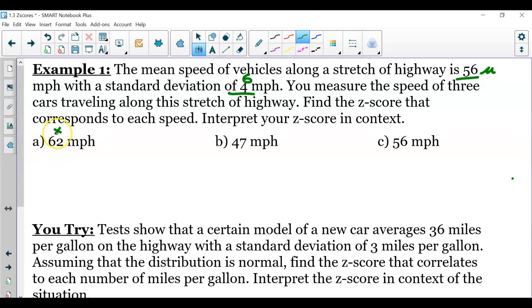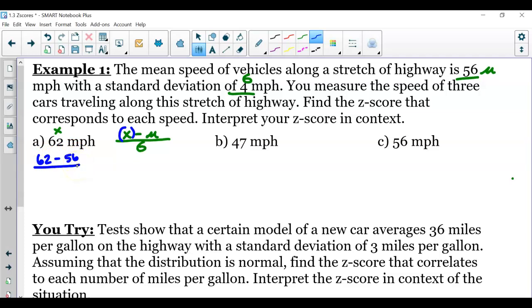So this is my x, because I'm converting 62 miles per hour to a z-score. So again, just that reminder, and I'll write it again here. The formula is x minus mean divided by standard deviation. So in this case, what is our x? 62. 62 minus the mean, which is 56.